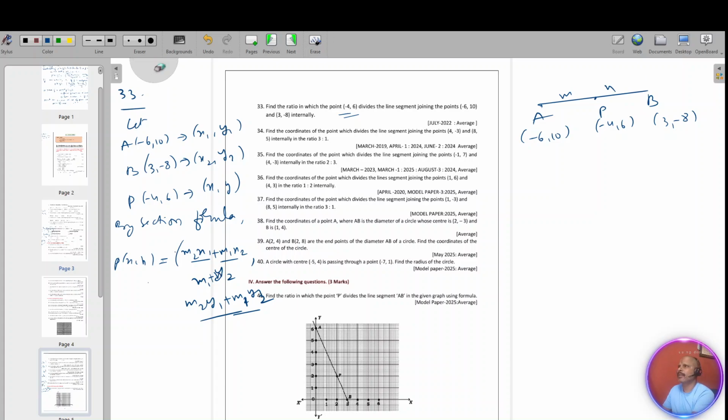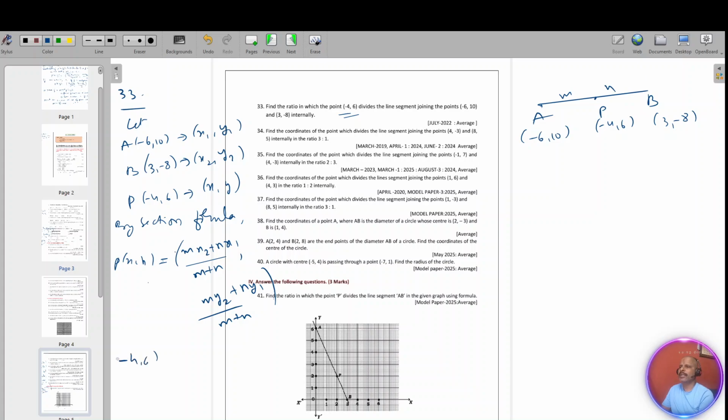I'll write it in the m:n formula: (m x2 plus n x1) by (m plus n), comma (m y2 plus n y1) by (m plus n). You have to write it side by side; since the question paper has numbers, I did not write there. P of x y, how much is it given?